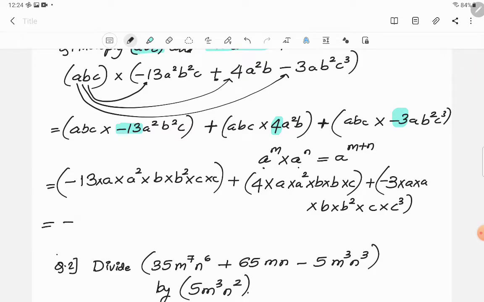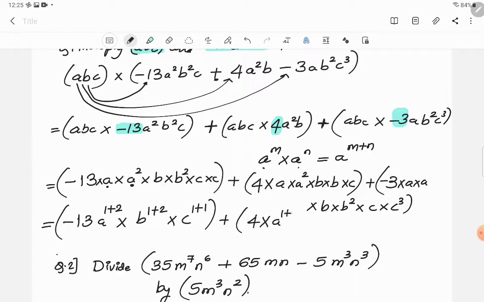So I'm writing the next step as minus 13, a to the power 1 plus 2, b to the power 1 plus 2, and c to the power 1 plus 1. Put a bracket. Then you're writing 4 multiplied by a to the power 1 plus 2, then multiplied by b to the power 1 plus 1, then multiplied by c.